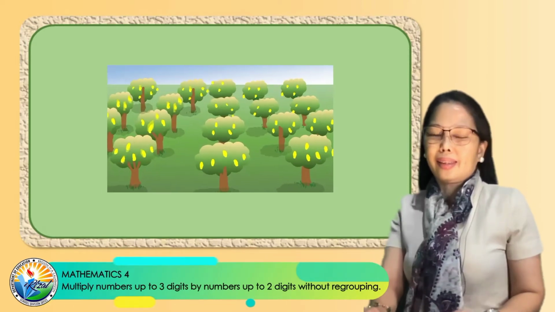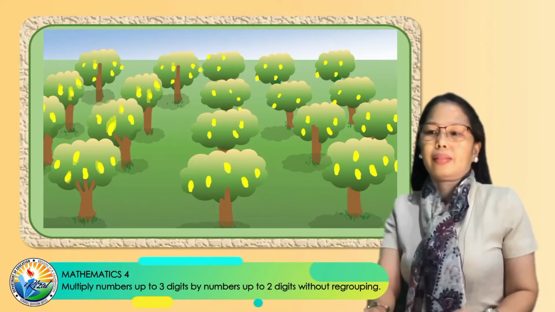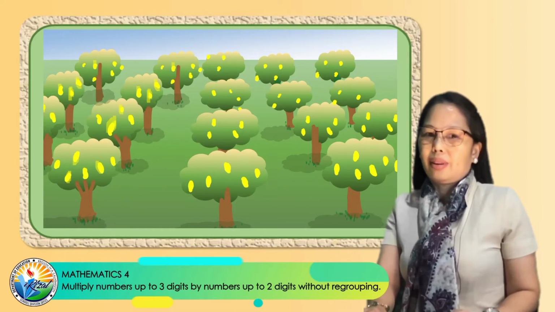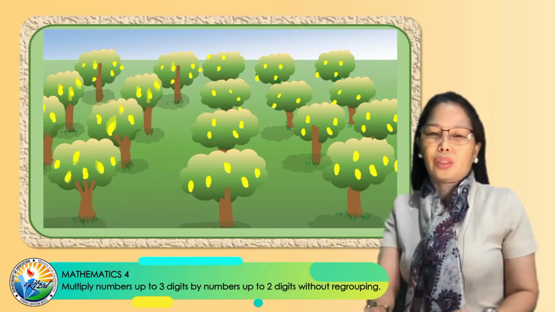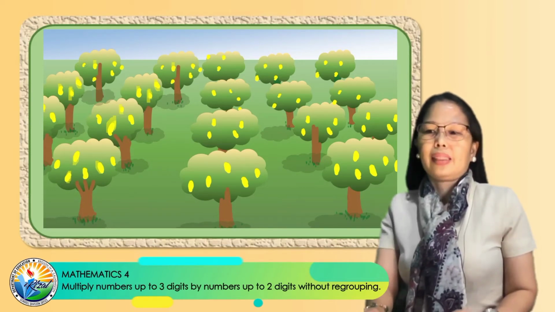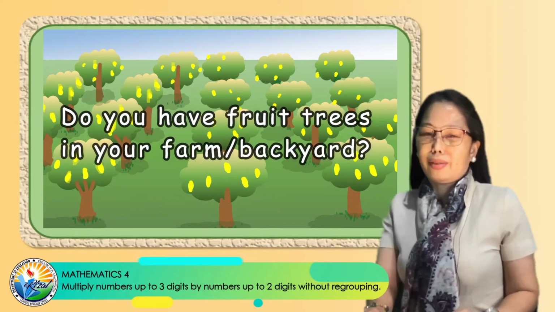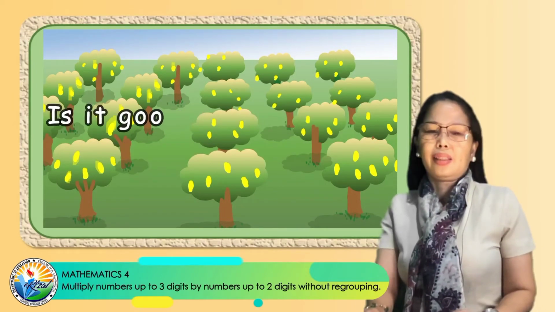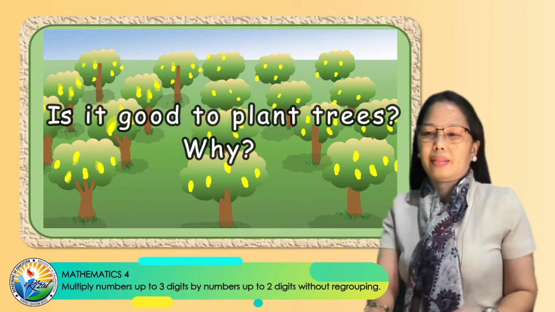Now, let's take a look at this picture. What do you see in the picture? Right, it's a mango orchard. Do you have fruit trees in your farm or backyard? Is it good to plant trees? Why?